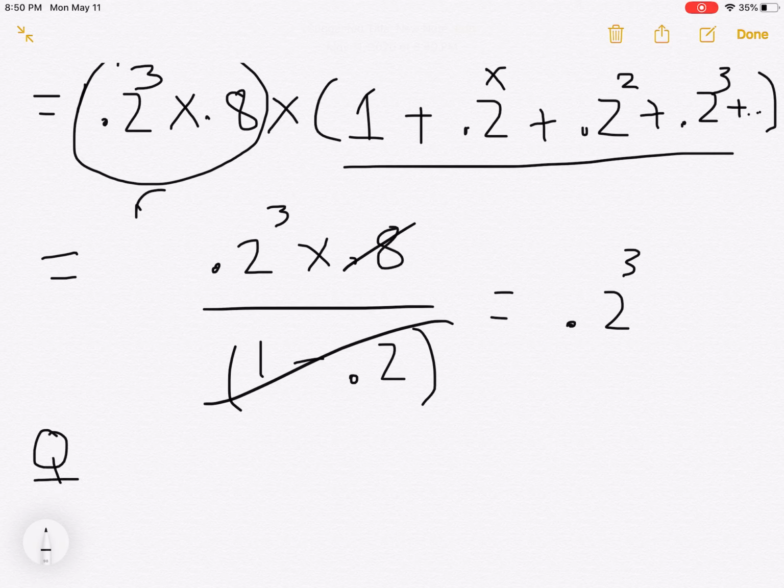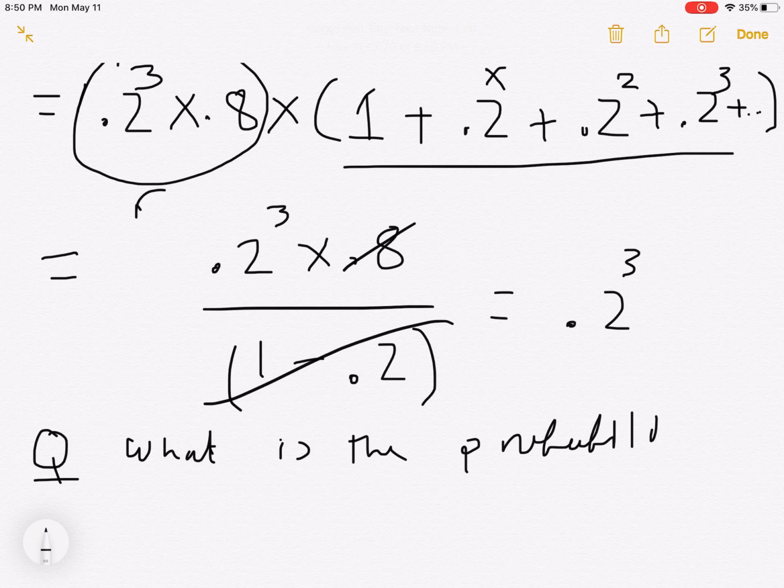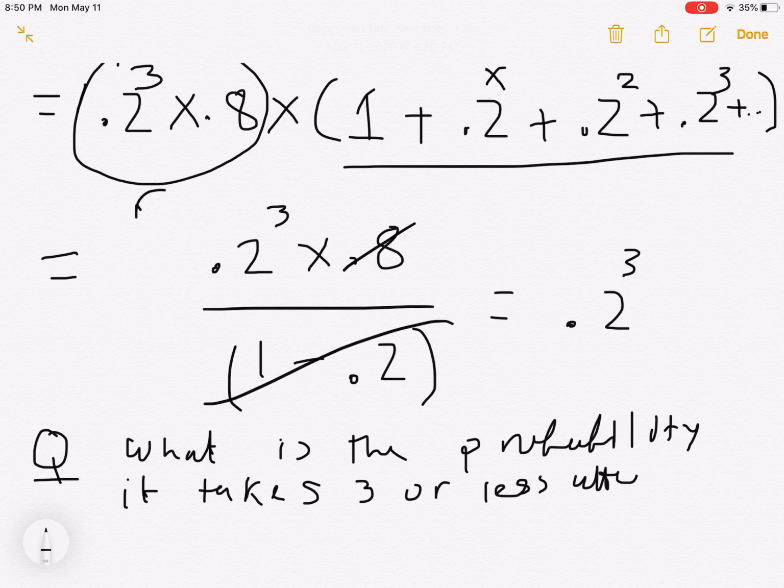I can ask you a different question. I could ask you, what is the probability it takes 3 or less attempts to hit the target?